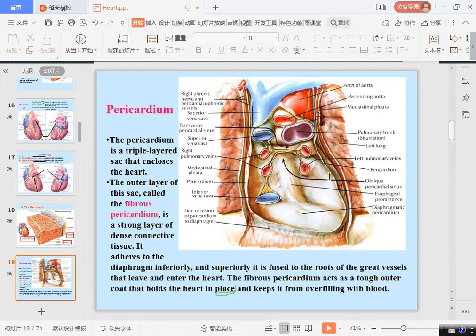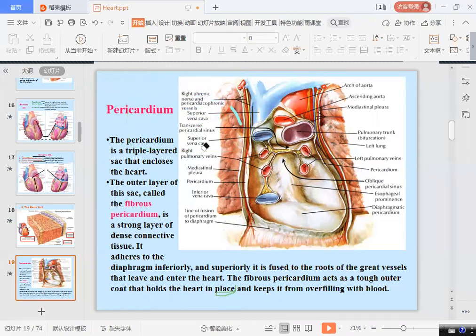So collectively, there are three layers of pericardium: fibrous pericardium, serous pericardium, and the serous is further divided into parietal and visceral pericardium.